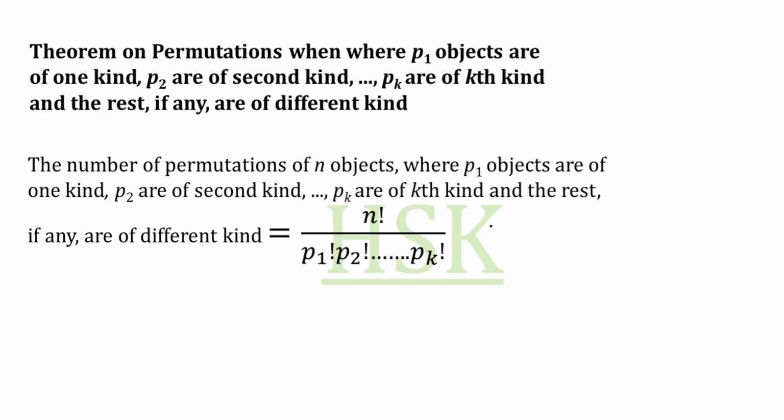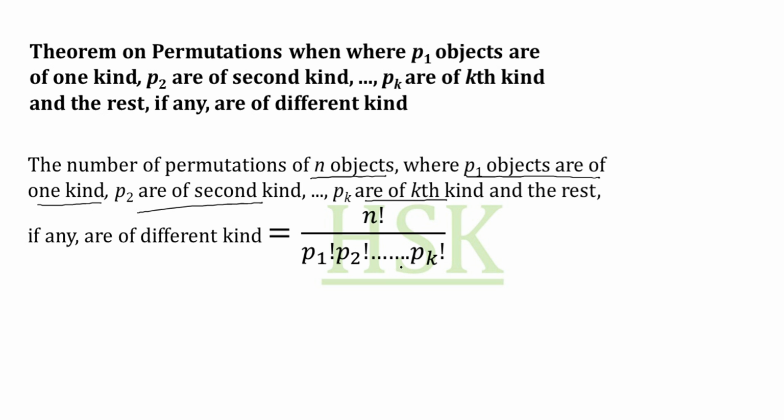This theorem clearly states that we have n objects and all the n objects are to be arranged. P1 identical objects are of one kind, P2 identical objects are of second kind, and Pk identical objects are of kth kind, and the rest, if any, are all of different kind. Then in this case the total number of arrangements would be equal to n factorial upon P1 factorial into P2 factorial and so on up to Pk factorial.